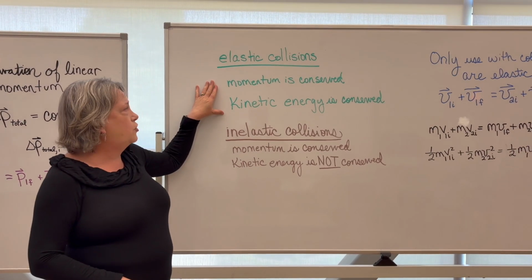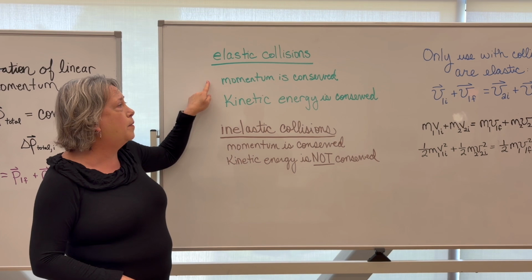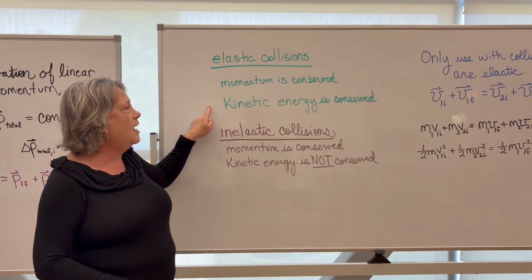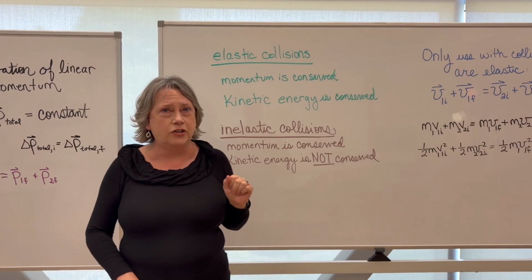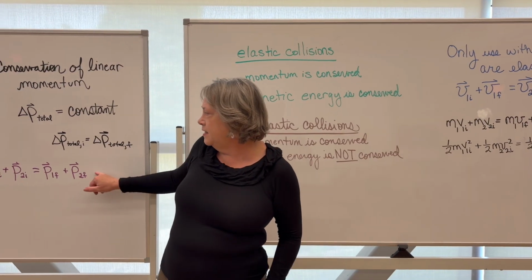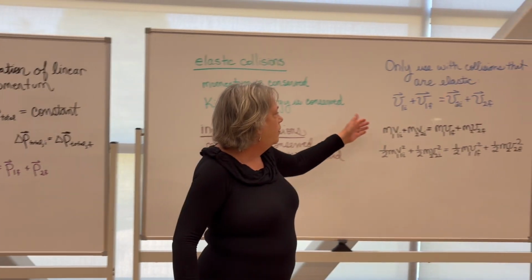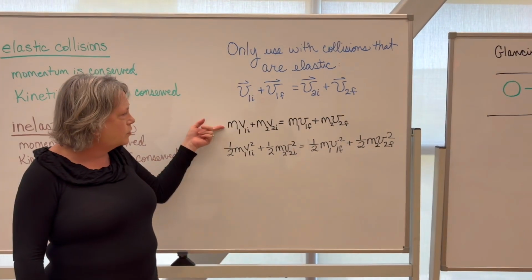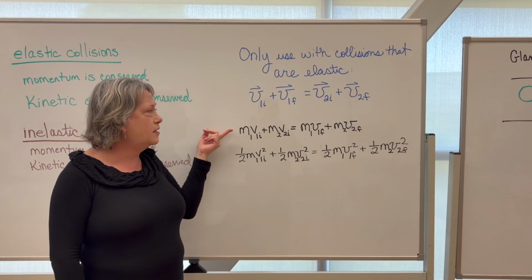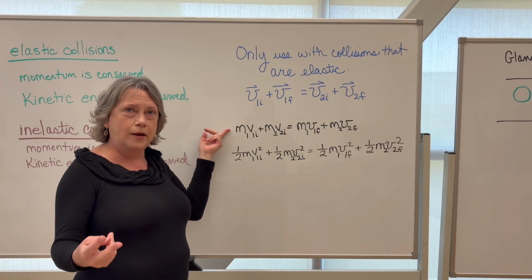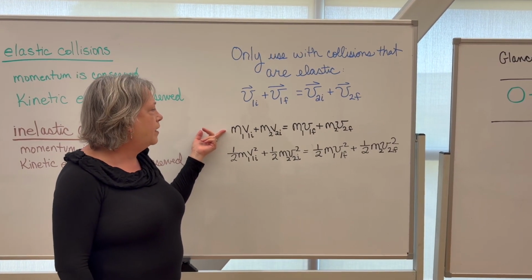So for this situation, I have to have momentum conserved and kinetic energy conserved. So this is momentum being conserved. And this over, so I've expanded it out here. So this is momentum conserved for two objects, initial and final.